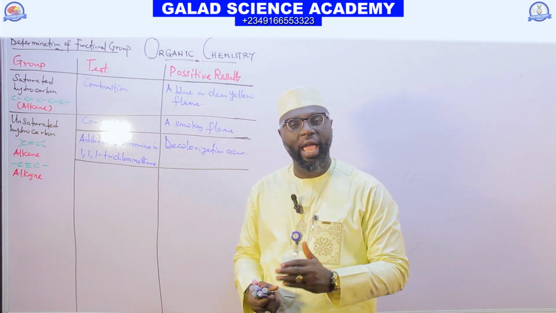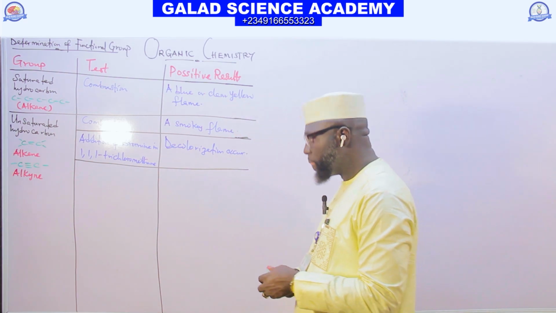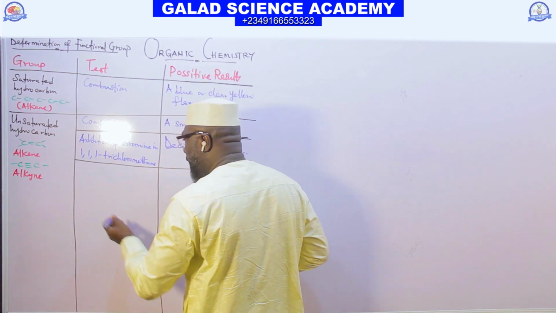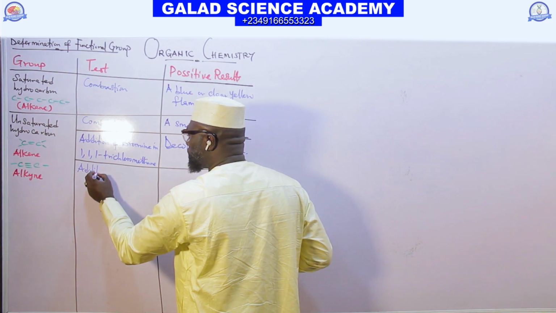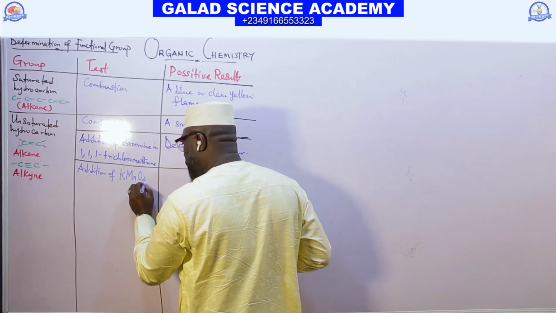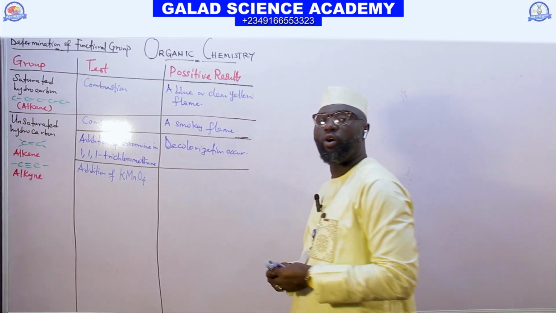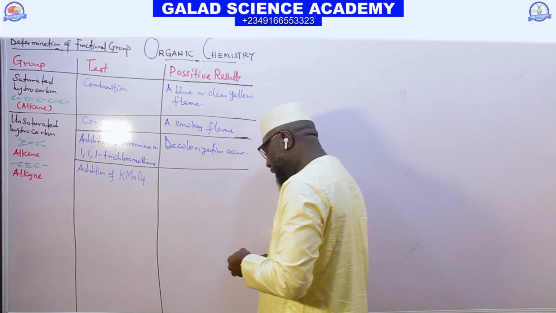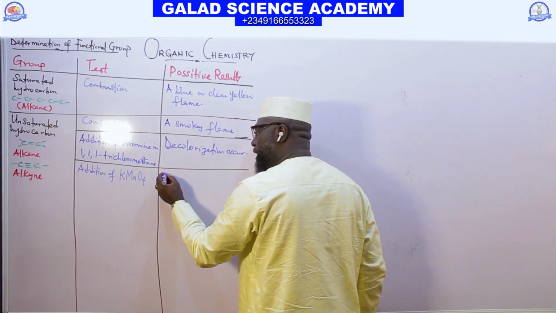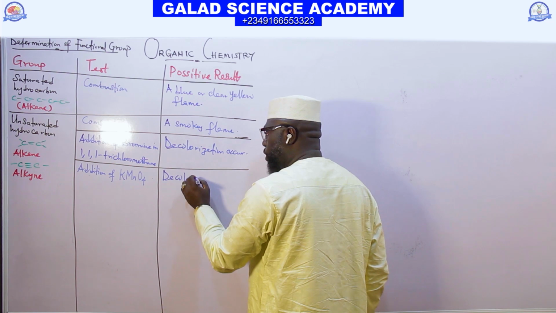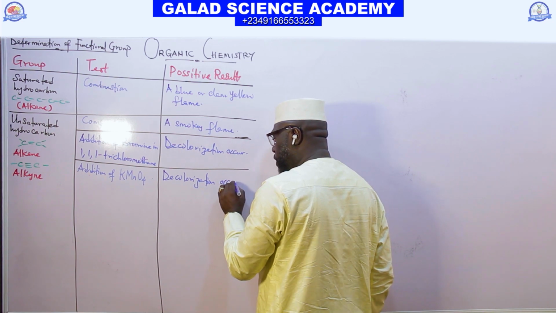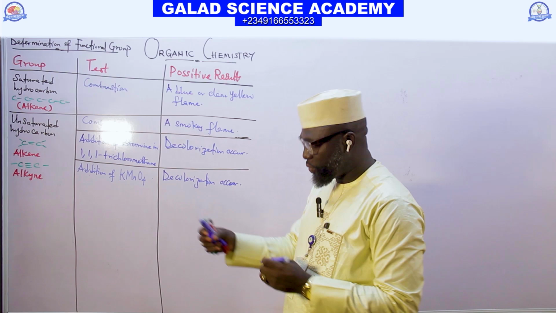And the second one that you can also use is addition of KMnO4. This KMnO4 is purple in color. So when the KMnO4 is reacted with alkene and alkyne, which are unsaturated, decolorization also occurs.